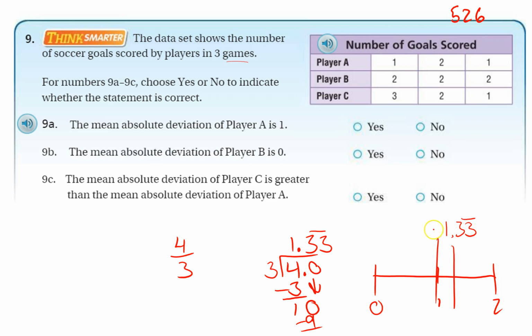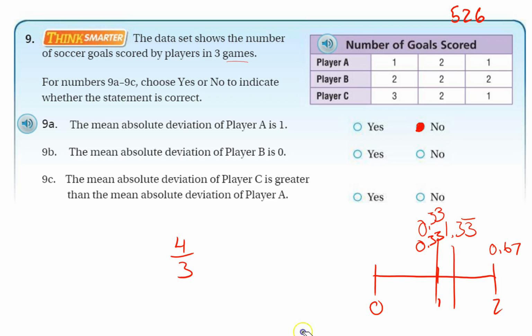Well, 1 would be 0.33 away from the mean. 2 would be 0.67 away from the mean, and 1 would be another 0.33 away from the mean. So none of those is 1. So already, even without doing the math, I can see that no, it's definitely not going to be 1, because none of my points are 1 away from the mean for player A.